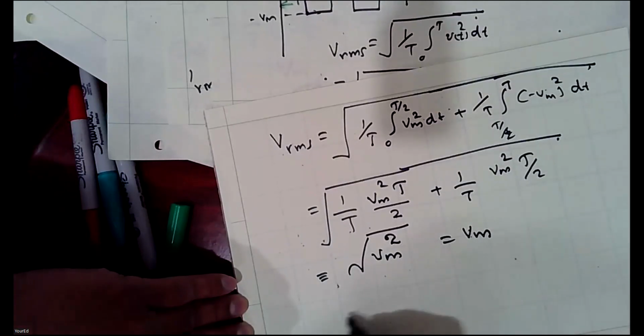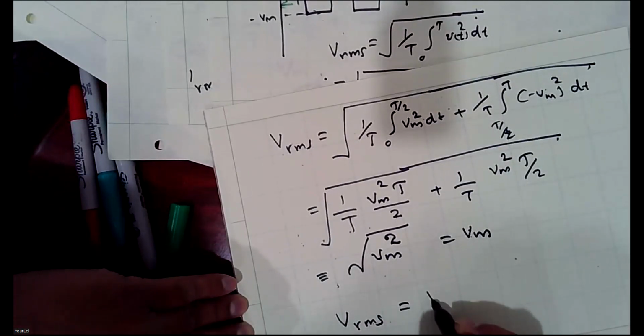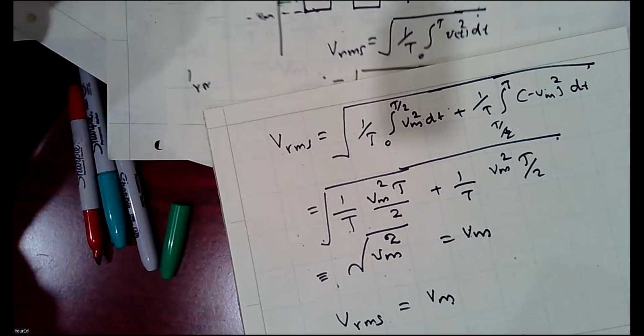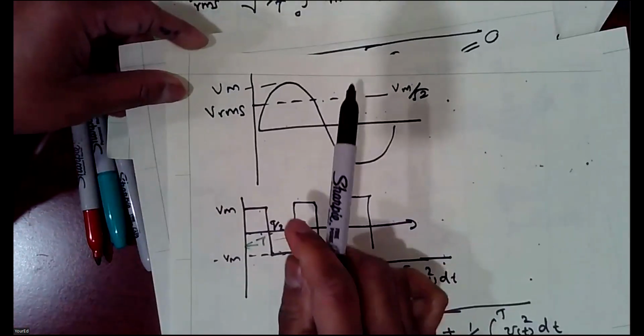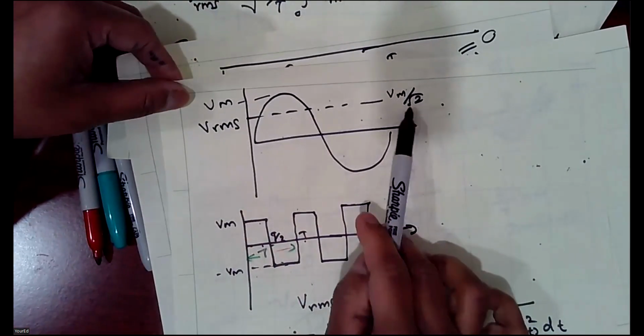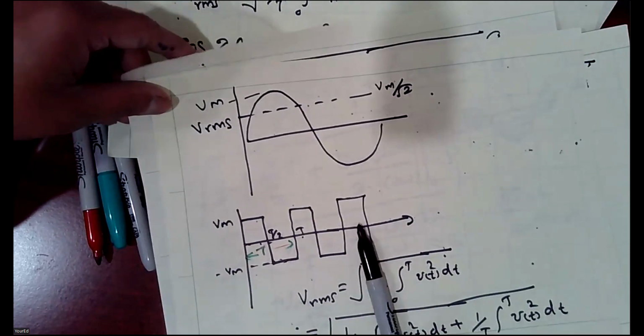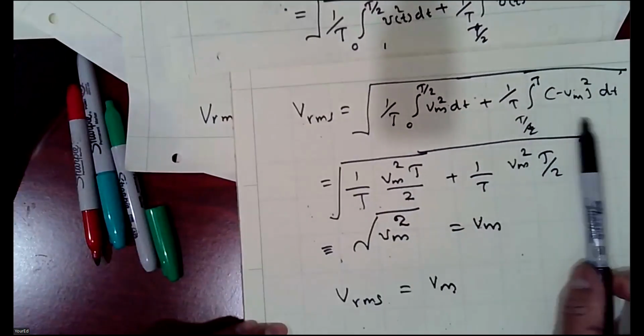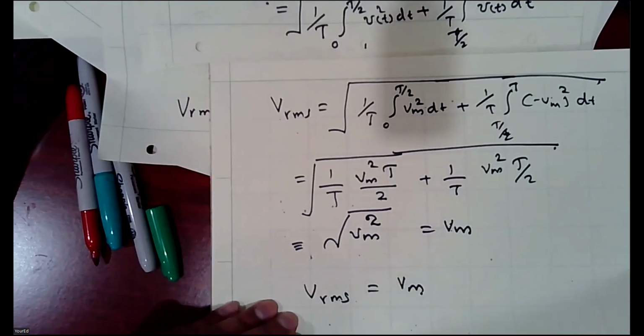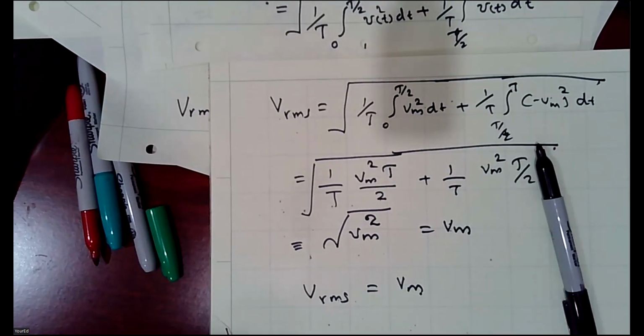So in this waveform, your RMS value is the same as the peak value. So RMS value equal to peak value divided by root 2 is true only for the sinusoidal. For other types of waveform, you get different values, so you need to derive based on the nature of the voltage waveform to calculate the RMS value. This is important, and you need to keep it in mind.